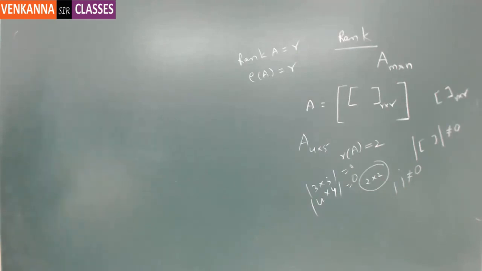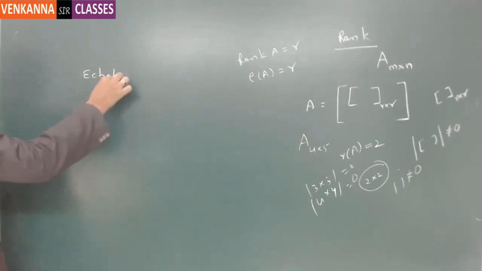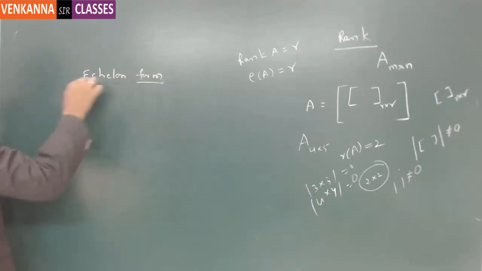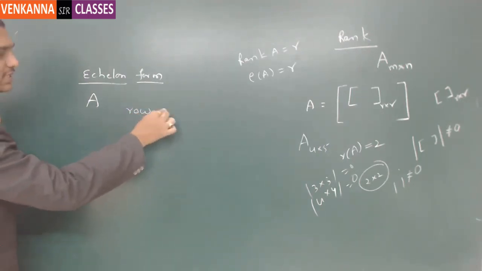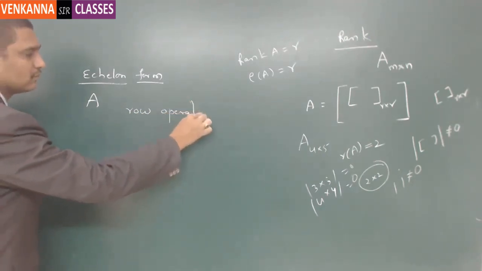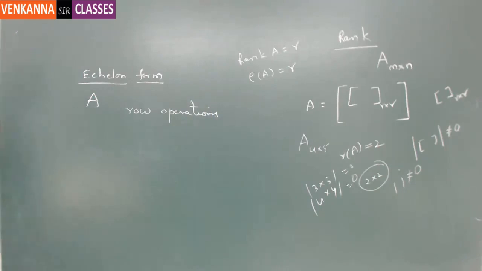Right. Now, in order to calculate the rank of a matrix, there are different procedures involved, one of which is reducing the given matrix into echelon form. So what is meant by an echelon form? Suppose you take a matrix of any order, either a rectangular matrix or a square matrix. On this, we apply only row operations and we reduce that matrix into a specific form.